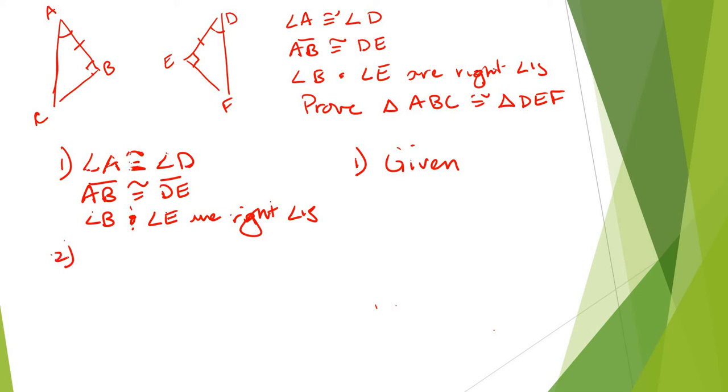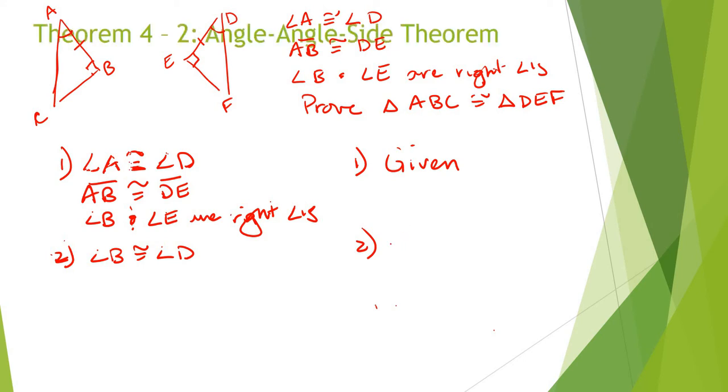So the second thing I need to show is that I've got B and E congruent. And can I say that angle B is congruent to angle E? And what would the reason be? So we did have a theorem or a postulate, I can't remember which, that said all right angles are congruent.